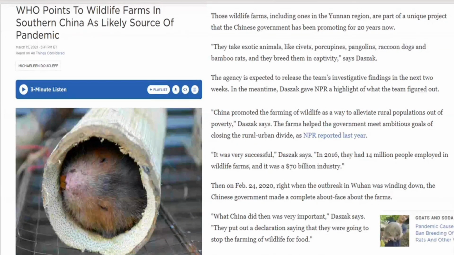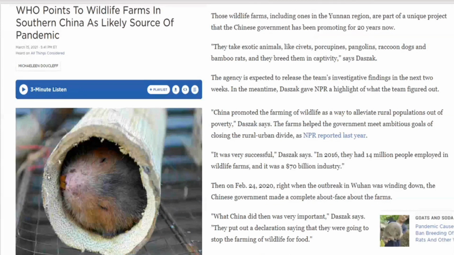This is talking about a practice in southern China that has been known to exist, at least dating back to 2016 from some of the reports, where the concept was farming wildlife in order to alleviate rural populations' poverty in some of these more rural areas, right? So as of 2016, it had employed 14 million people, so 14 million jobs, and it was a $70 billion industry, right?